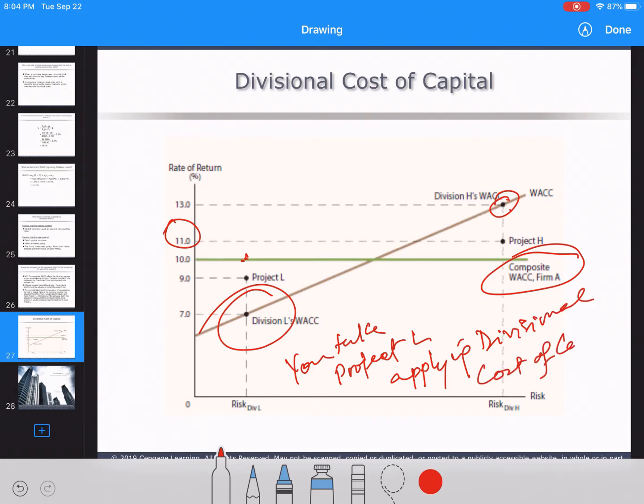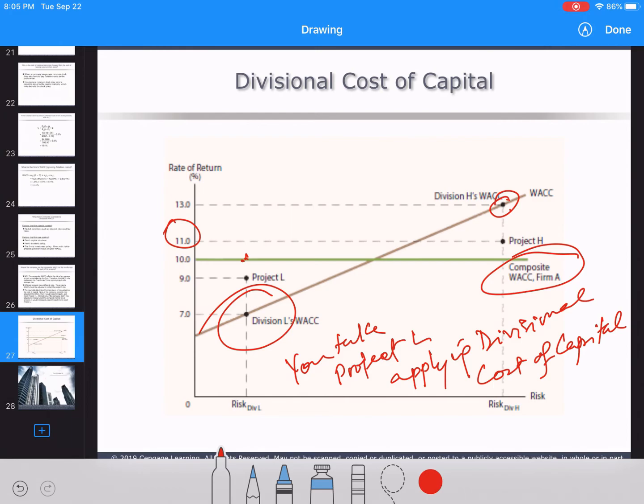Right? And in a similar vein, you do the same thing with a high cost of capital for a division. Now, the divisional cost of capital is 13%. Okay? And your project is yielding 11%. Your composite is 10%. If you apply the composite, you're going to say, okay, take the project.